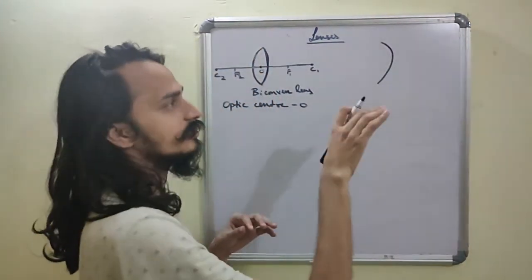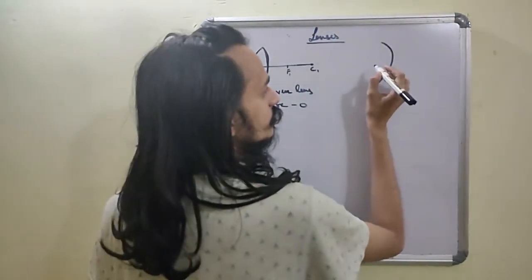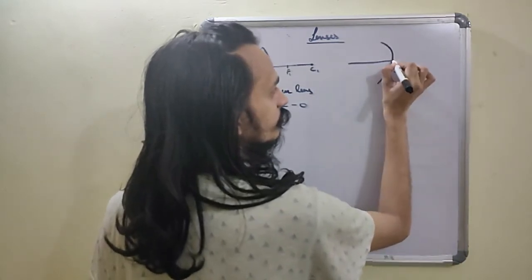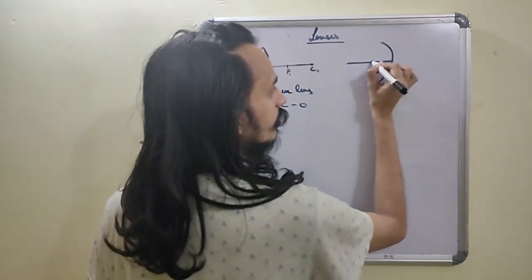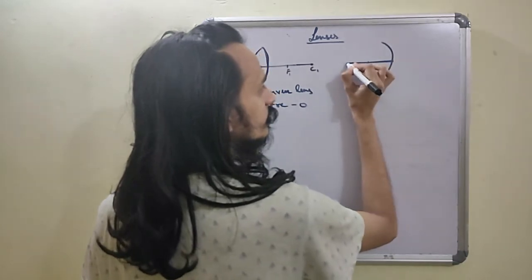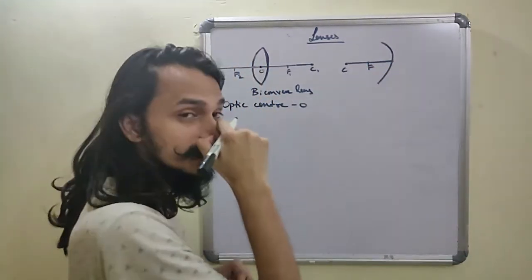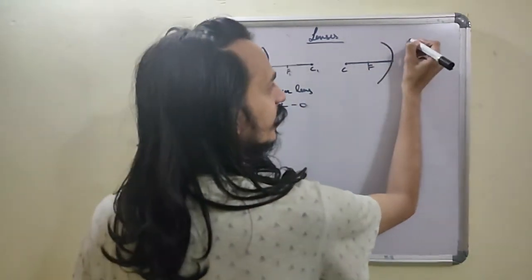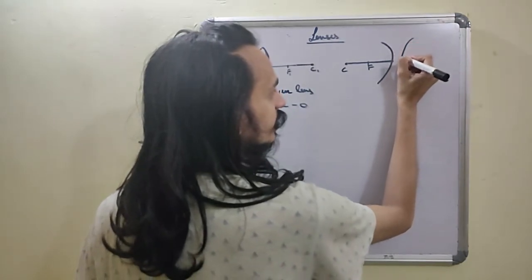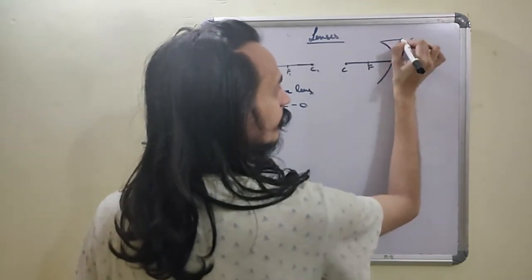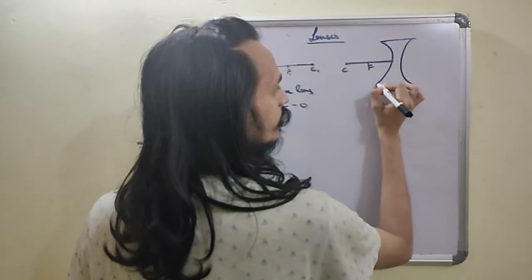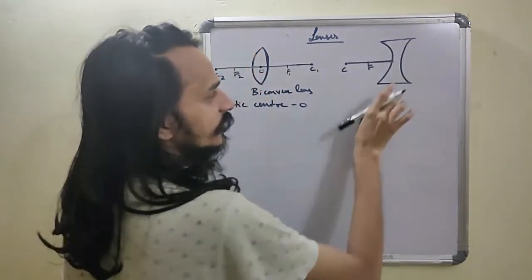Like this, not like this. Right? So for this again I'll have one focus here and one center of curvature here. Say that I take another surface in the same manner, curved inward, and join like that.